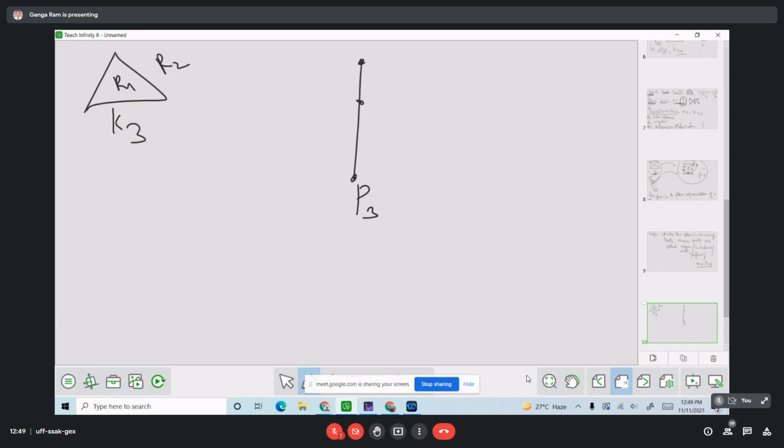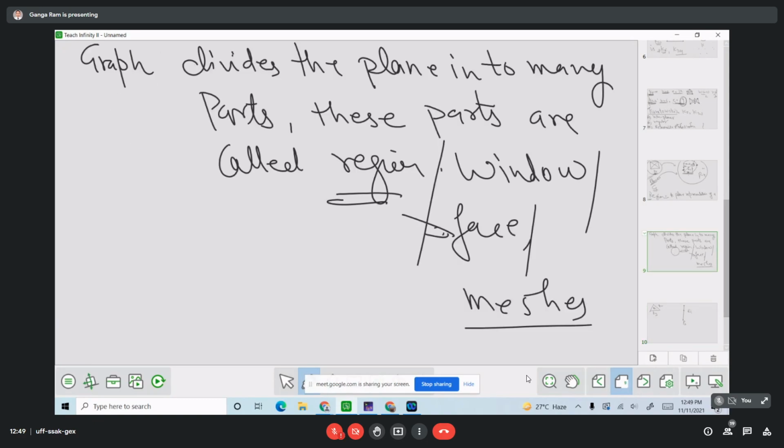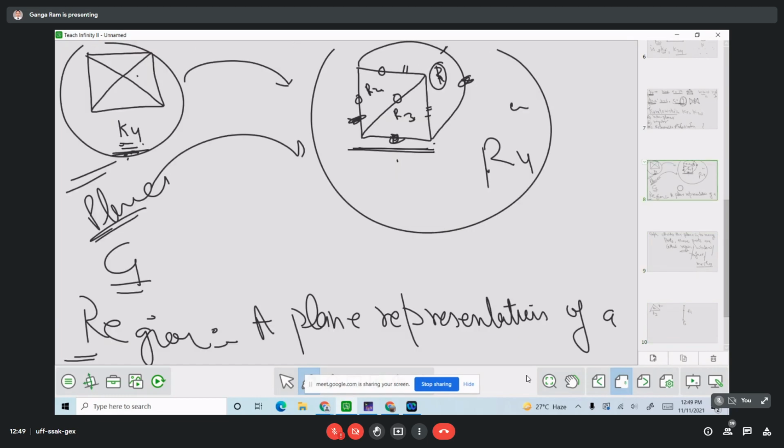It is one region, only R1. Here N is 4, E is 6, and the number of regions is 4.